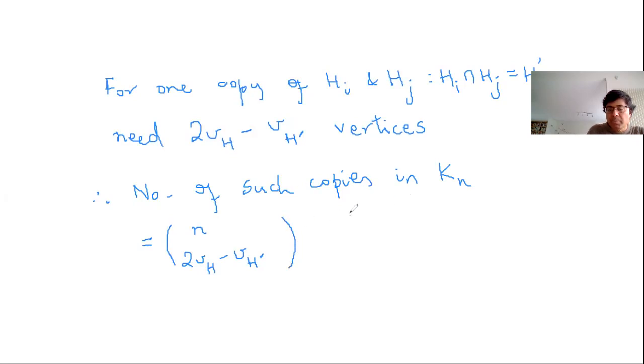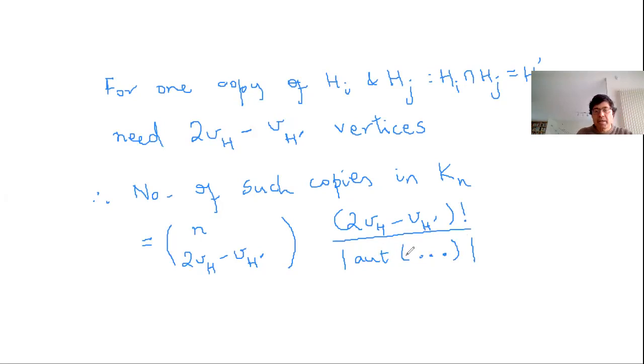We don't care too much, but let me write it out: 2vh minus vh prime factorial divided by the size of the automorphism group of this particular figure you get by taking two copies which intersect in H prime.